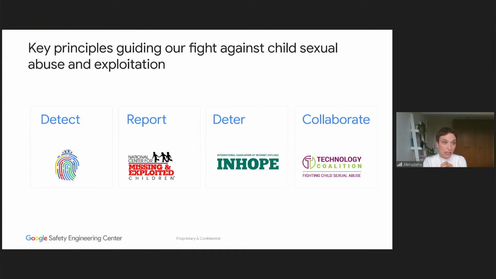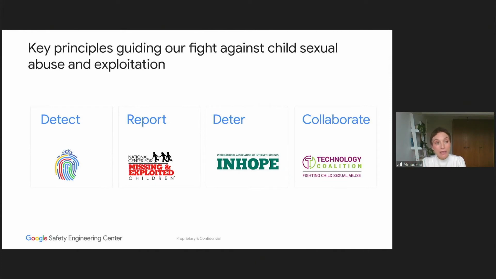Obviously, we ensure that they don't link to child sexual abuse material, but we also try to prevent pornography from being shown in response to searches for child sexual abuse material, because we also want to break that link between children and pornography, and not put this in the mind of those searching for this content. And in this space, we work closely with hotlines and with the INHOPE network as well to help our work in this space.